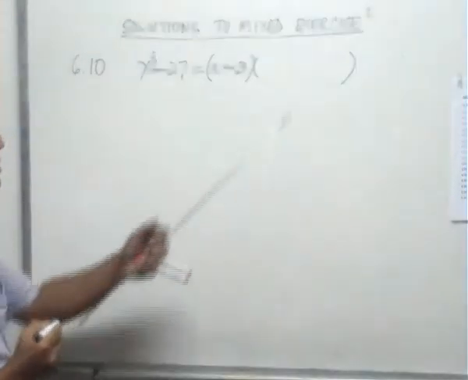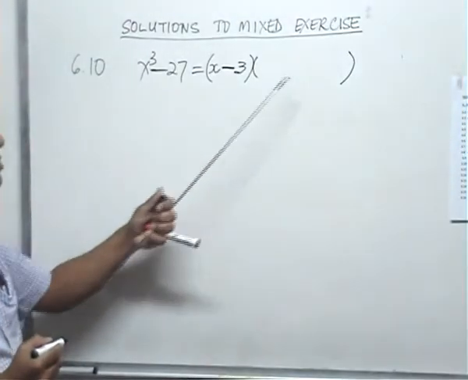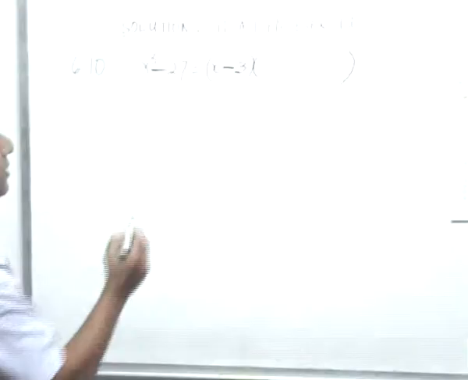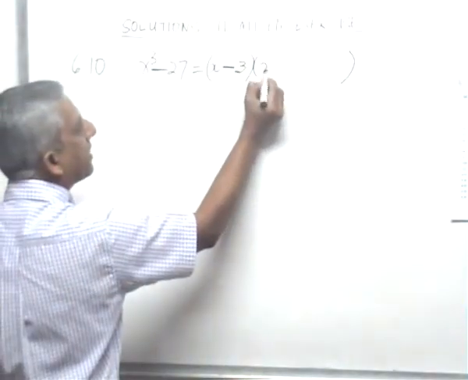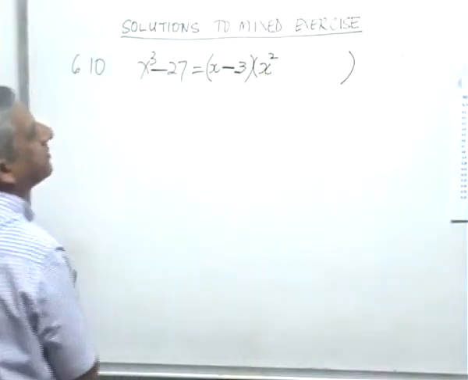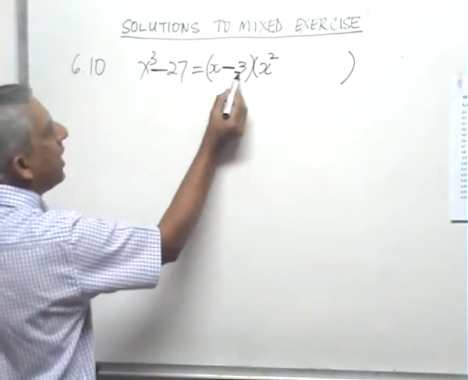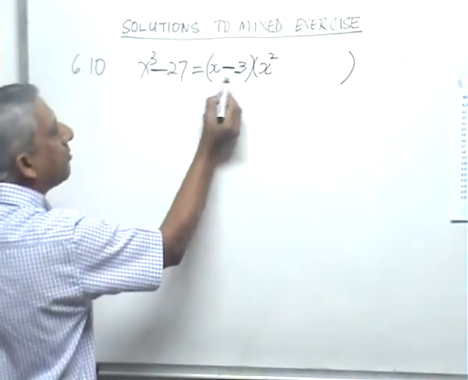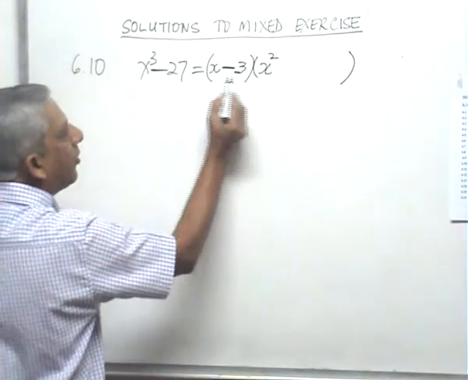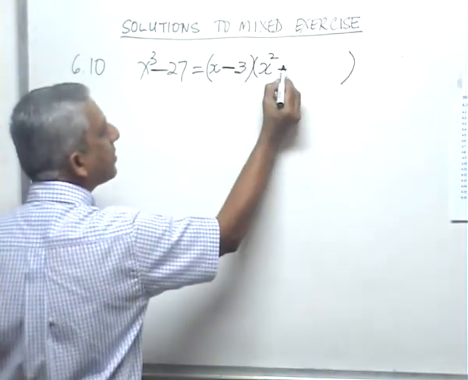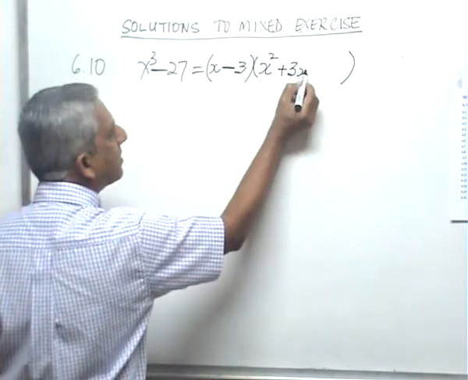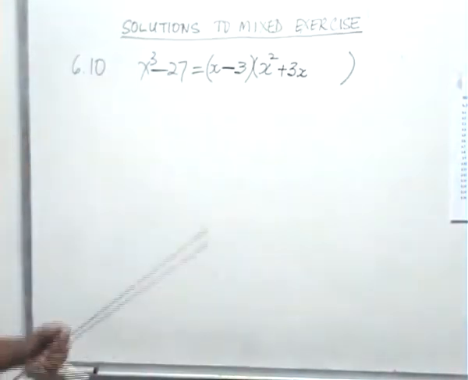Right. Now, for the second bracket, you must look at the first bracket. You take this x and you square it, there's x squared. Then you take these 2 and multiply it, you get minus 3x. But you write it here with the opposite sign, so it's plus 3x. I'll repeat that.